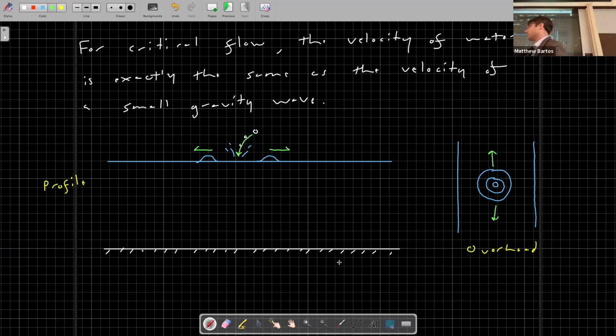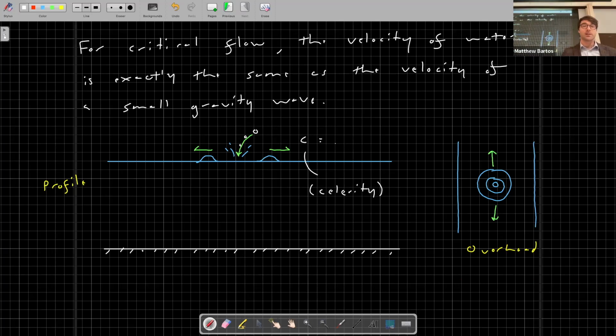So it turns out that the speed of these waves is given by the following expression, c. This is the wave speed, or I'll call it celerity. This is the speed of the wave traveling through the quiescent water.